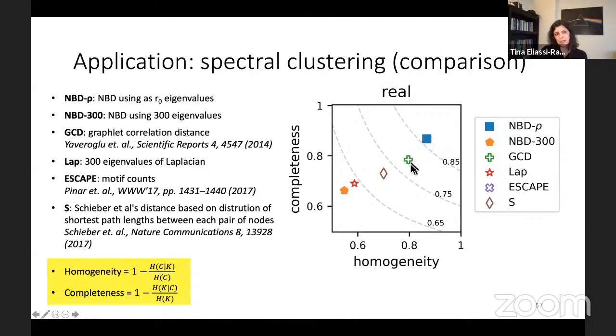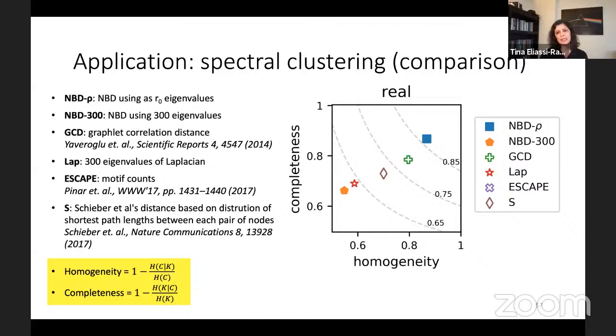Followed by this GCD that's looking at the graphlet correlation distance, the S measure that's measuring the distribution of the shortest path lengths, LAP, which is the top 300 Laplacian, closely followed by if I just look at the top 300 eigenvalues of the non-backtracking matrix. This is across all of our data sets, so just picking the top 300 is not the right thing to do.